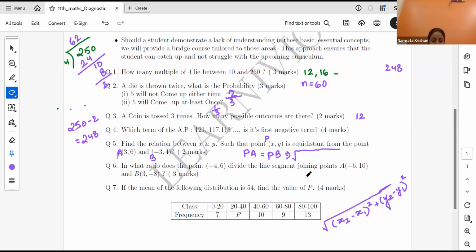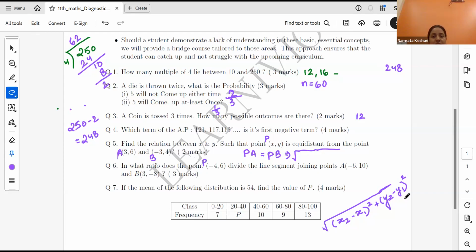So I have to use the distance formula for the point and A and then do it for the point and B and find the ratio. In what ratio does this point divide the line segment joining this and this? Do we know the section formula? Will that give m1 is to m2, the ratio, when we know the point P coordinate and A and B coordinates?